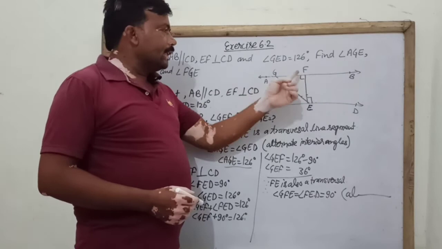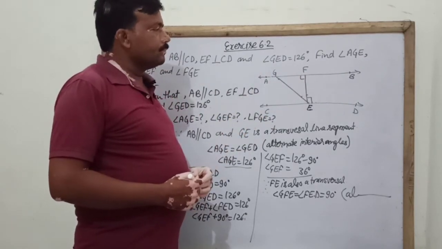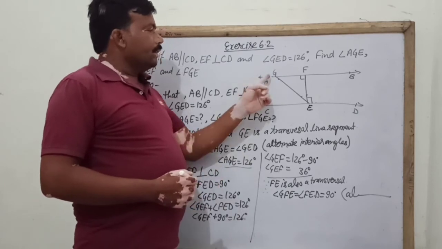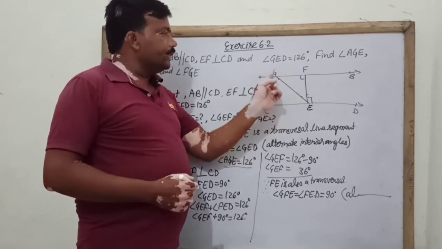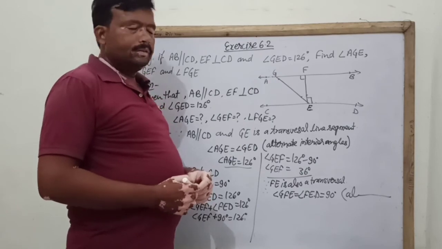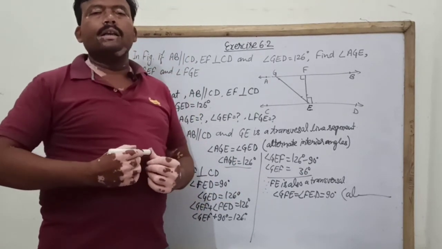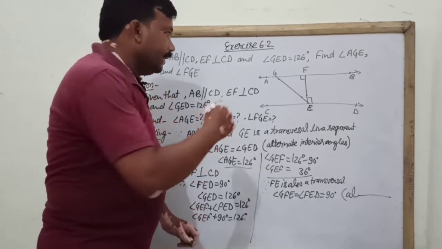Now in triangle FEG, we know that the sum of the angles of a triangle is equal to 180 degrees.